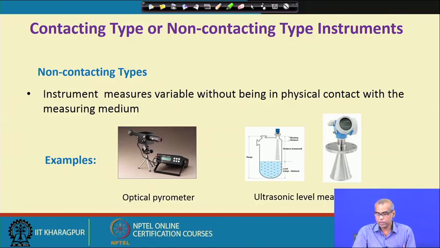Similarly, ultrasonic level measurement works on the principle of reflection of ultrasound. Again, it is a non-contacting type instrument. So, non-contacting type instruments have certain advantages, but most of the instruments that we will use in laboratories or industry are contacting type.